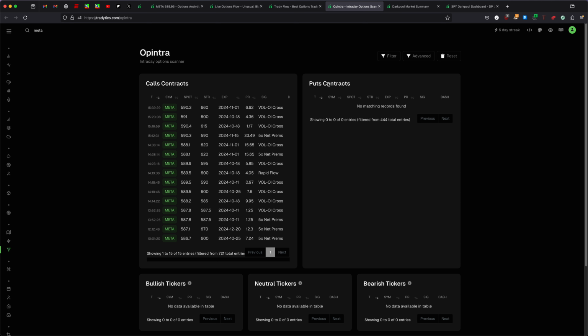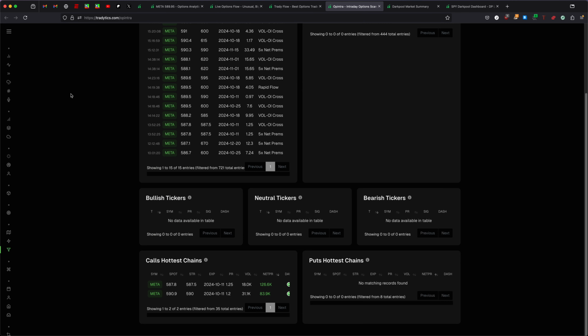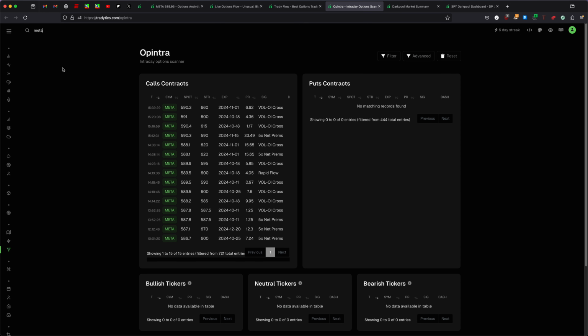There is a little bit of a glitch with this where it doesn't find put contracts, but here's all the call contracts that came in Friday and why they were significant. Volume over open interest, cross, 5 times net premiums, rapid flow, all that kind of stuff. But what I like to do too is with the calls hottest chains. We see that it had a couple hot chains Friday, which is notable.